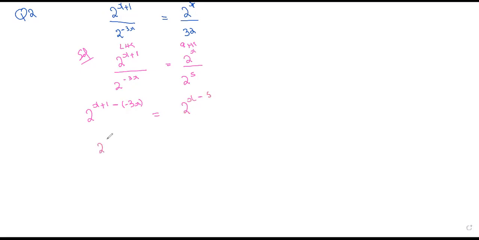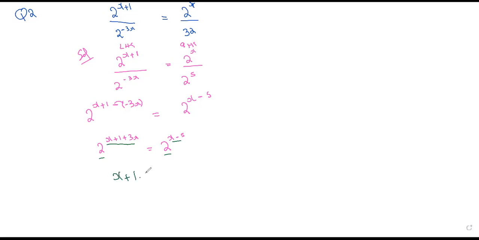Finally I can write it as 2 to the power x plus 1 minus into minus would be plus 3x equals 2 to the power x minus 5. Now what do we see? We see that our bases are same and these two expressions are equal. This means that the powers are also equal. So I will just equate the powers.